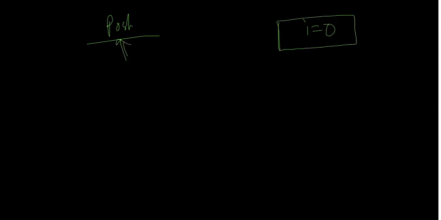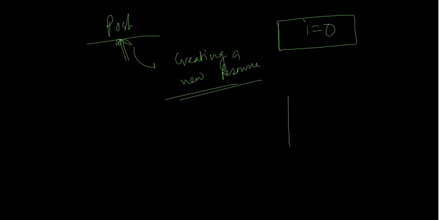Next is POST. Let me take an example. Suppose I equals 1. What is POST used for? POST is used for creating a new resource. So what will happen when we call POST multiple times? Suppose it's a database table.